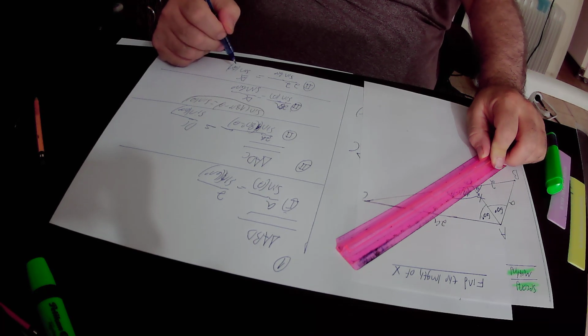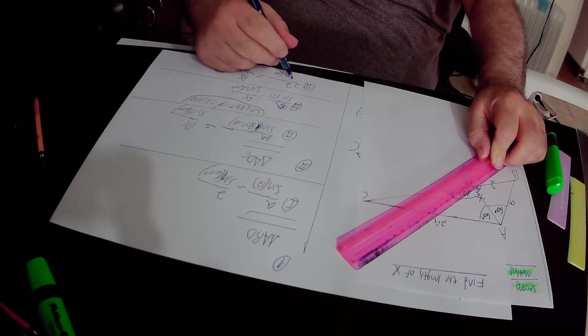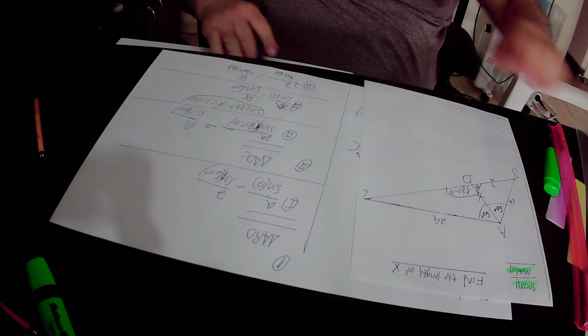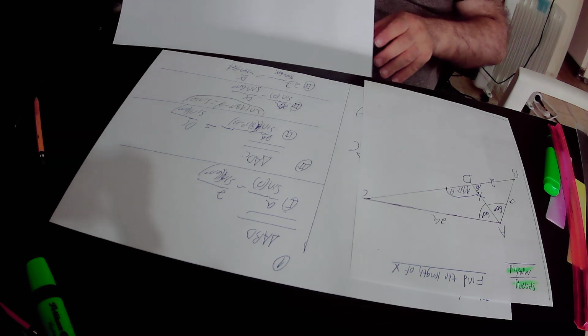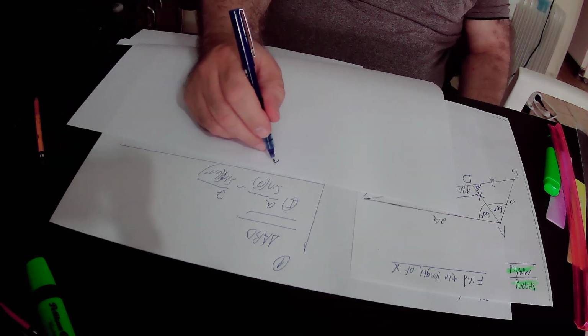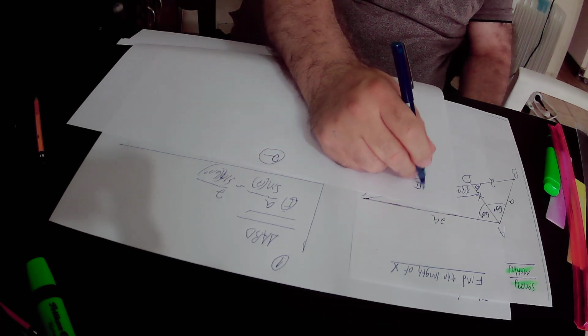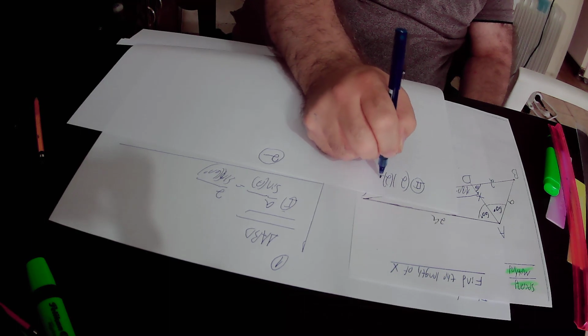So here we have sine 60 degrees on both sides of the equation, so sine 60 degrees will get cancelled. So what is left from equation number 2 after we cancelled sine 60 degrees? What is left is 2 times 2 equals DC.